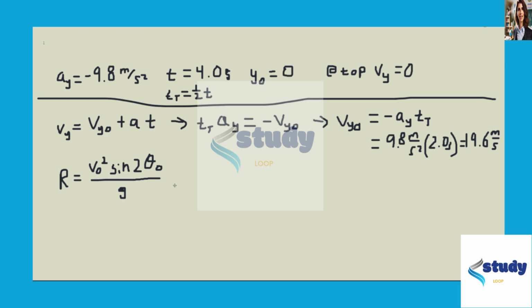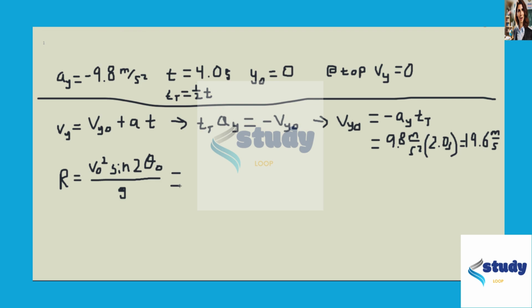Our initial velocity, which we just found for y, can also be applied to x, because in this case, the student shot it straight up in the air. So all the velocity was in the y direction. The initial velocity out of the barrel of the gun now is all going to be in the x direction.